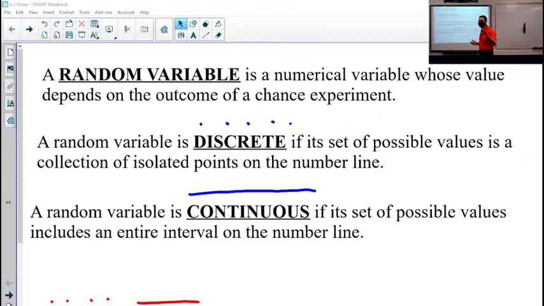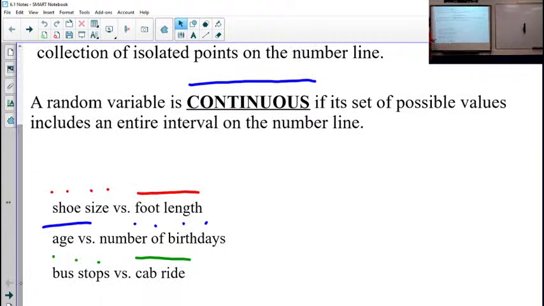Versus continuous variables, which are connected and can take on basically any value, including any fraction or decimal or anything like that. And so what I have down here is some variables shown as discrete versus being shown as continuous.